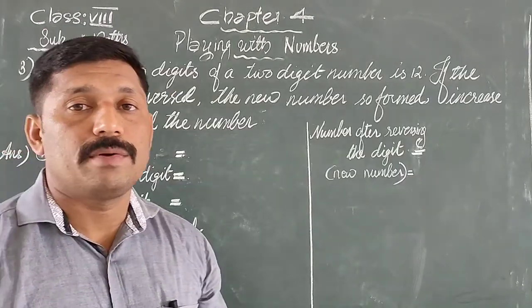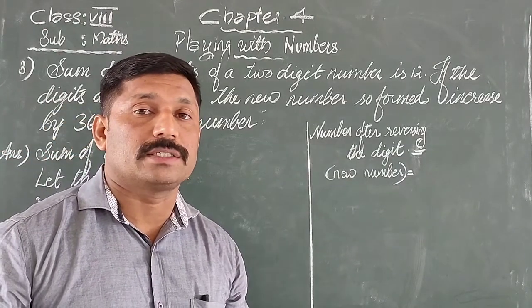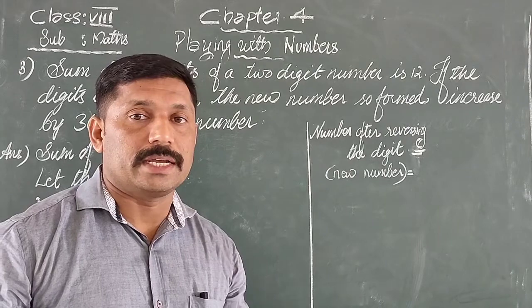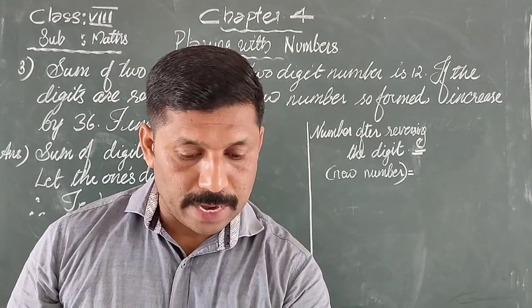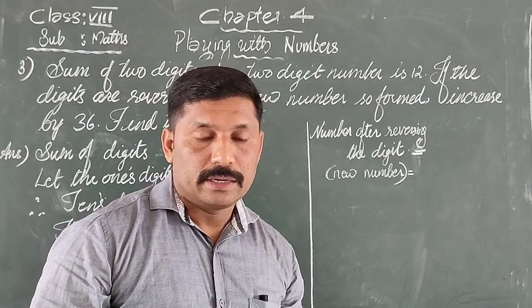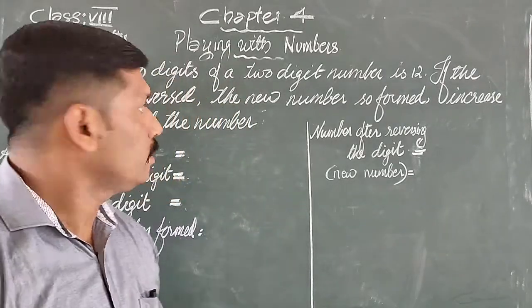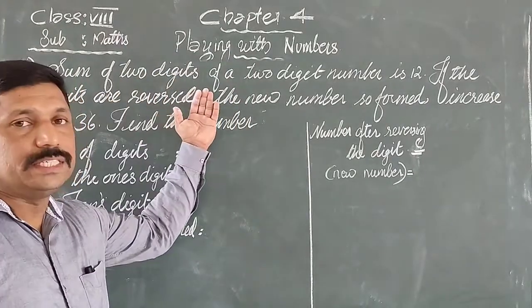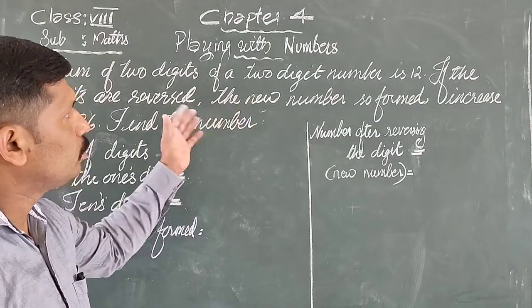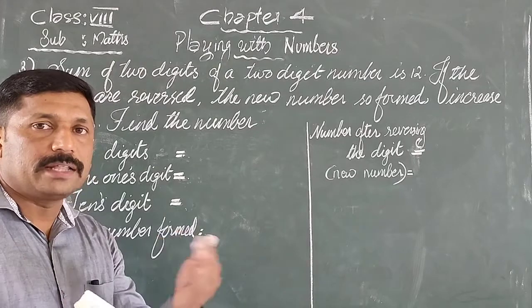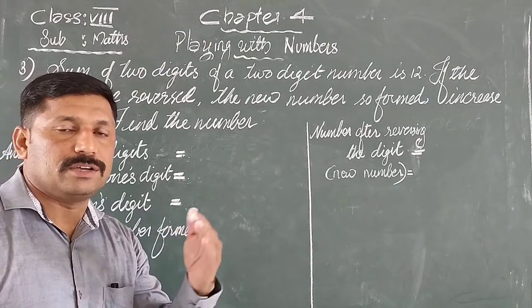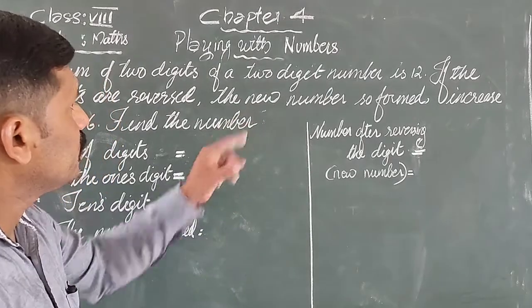Okay. In the previous two examples, we solved some questions from exercise 4.1, first and second. Now we solve the third question of exercise 4.1. The third question is that the sum of the two digits of a 2-digit number is 12. When we add the digits, means ones place and tens place, we get 12.